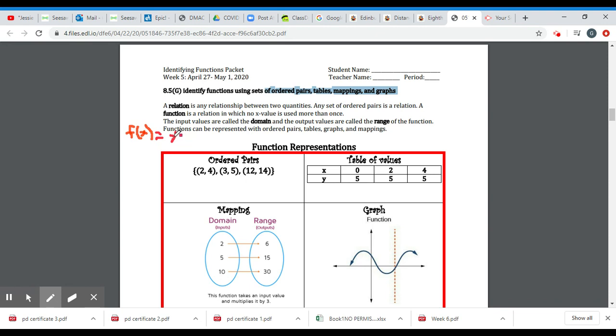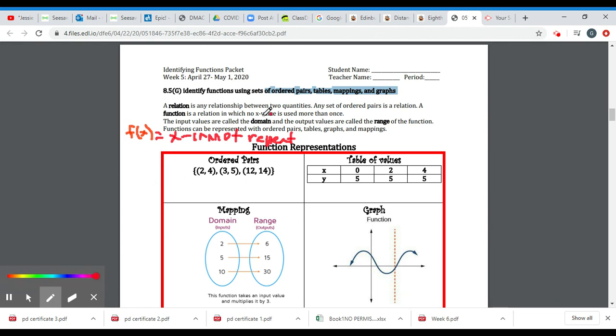the x cannot repeat. You cannot use it more than once on the x value. Cannot repeat.